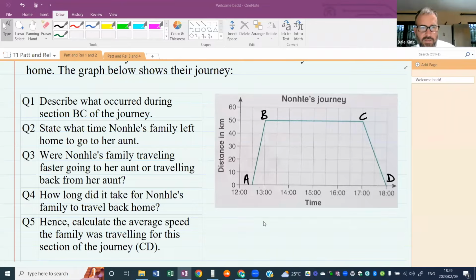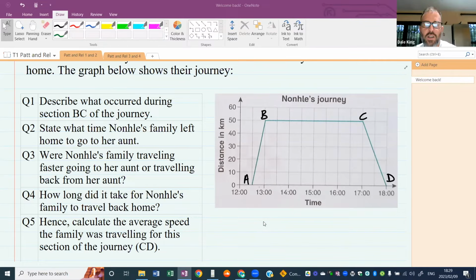I think AB, they were traveling faster because the line moves higher up, because it only takes like 30 minutes for them to get there. Then from CD, it took them longer. You can tell the line being more gentle. Yes. Gentle gradient. Yes, not as steep. Very good.